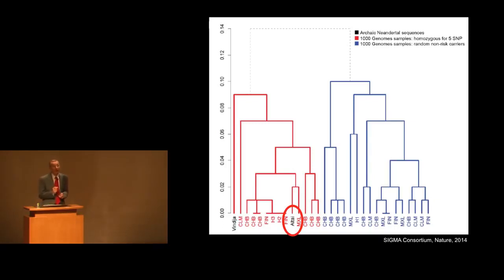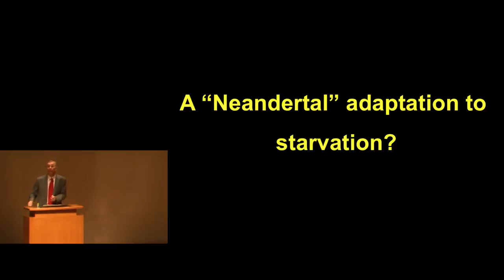So it may be surprising that a variant that causes disease today comes from Neanderthals and rises to high frequency in humans. But I think it's a reasonable speculation that variants that give you diabetes today, when you have ample nutrition during your whole life, actually may be advantageous to you in periods of starvation. So it may be that what we have there is some Neanderthal adaptation to starvation that was advantageous to modern humans in the past.